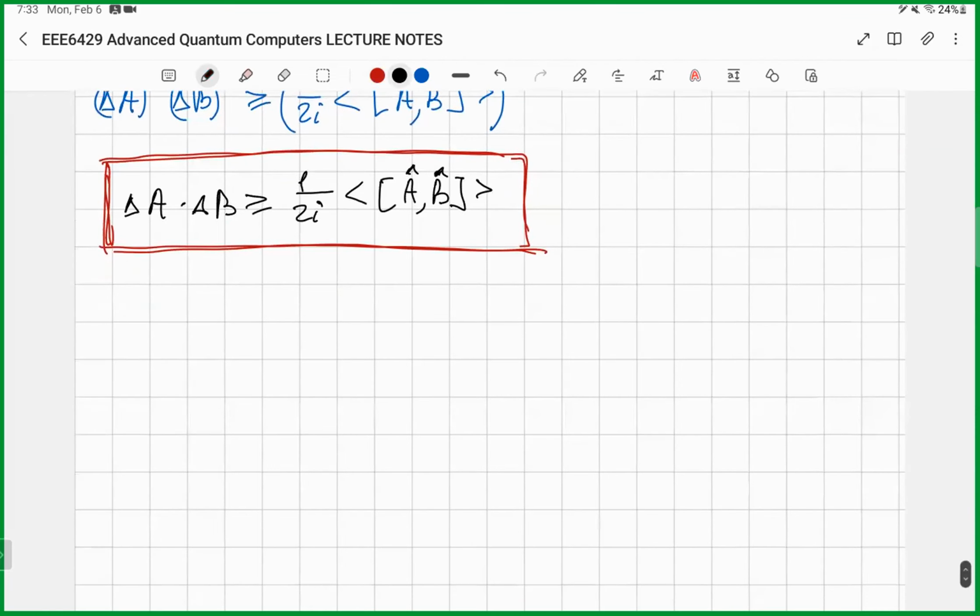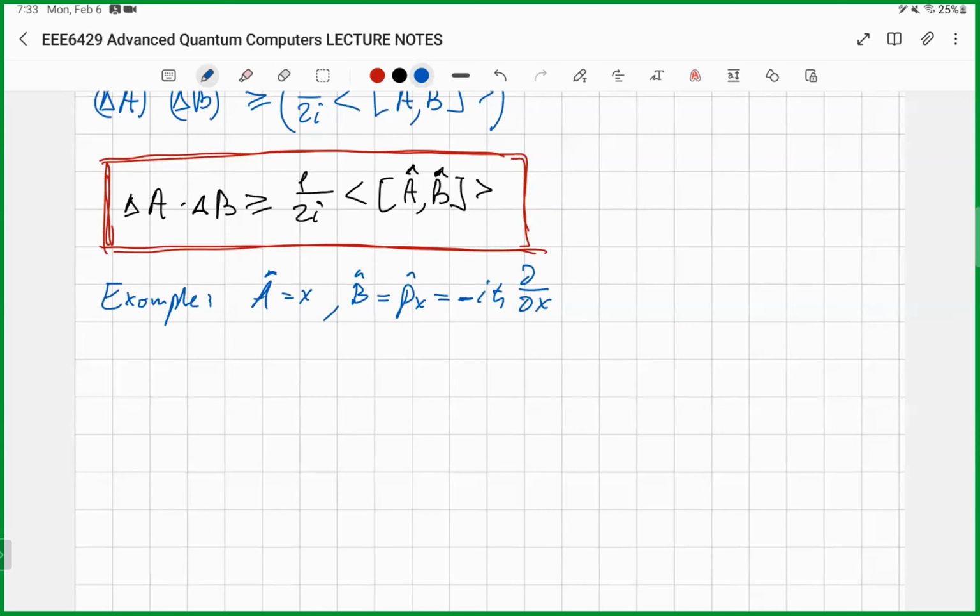And of course, as an example, let's consider A the coordinate x and B the operator Px, which is minus i h bar d/dx, right?